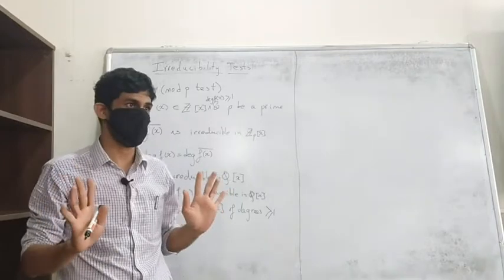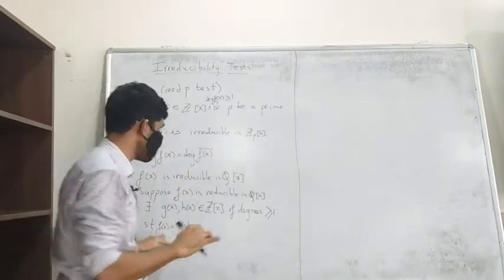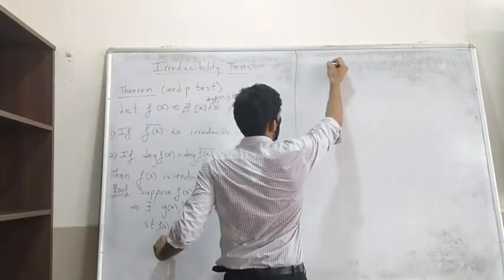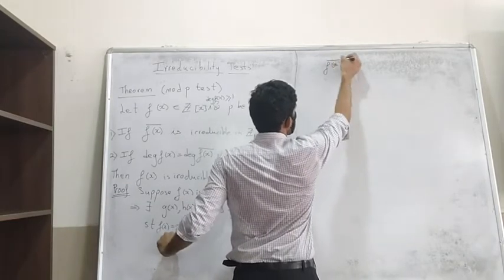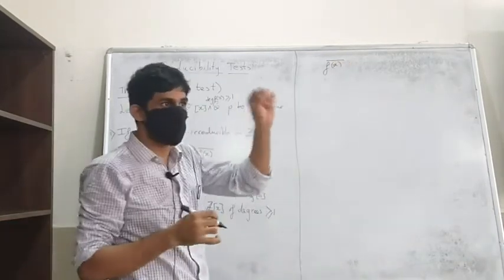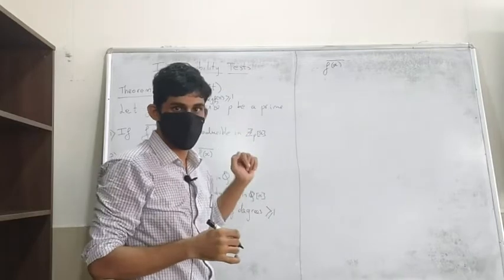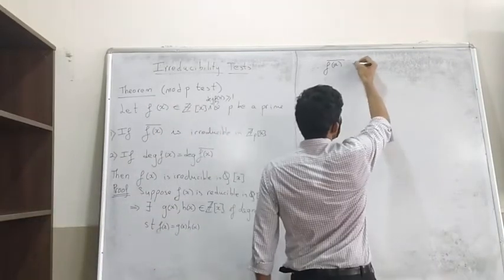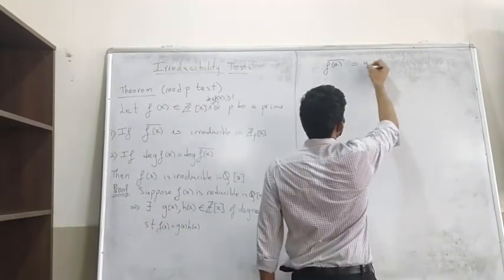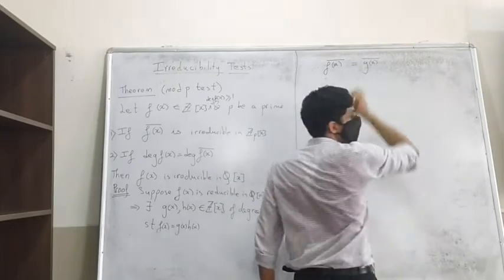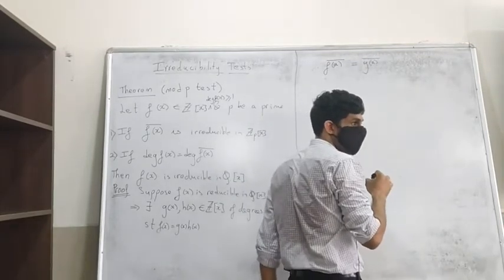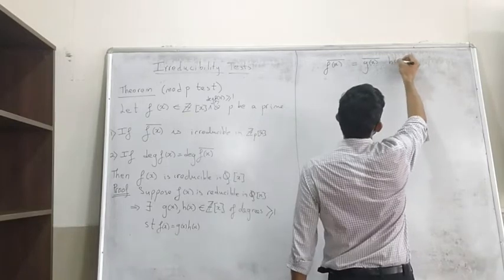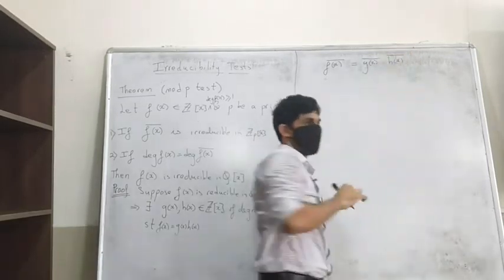It's a homomorphism. That's what I need to know here. That means if I look at f bar, reducing each of the coefficients modulo p in f, it will essentially be g reduced modulo p, and then take the product with h reduced modulo p.